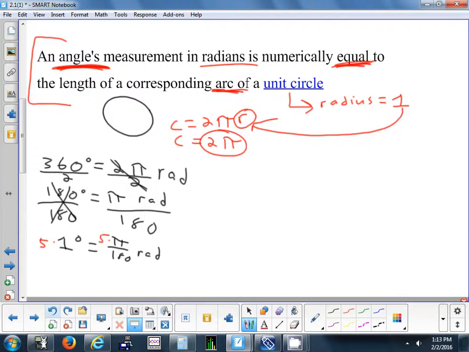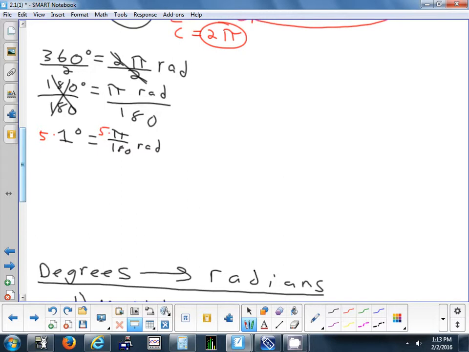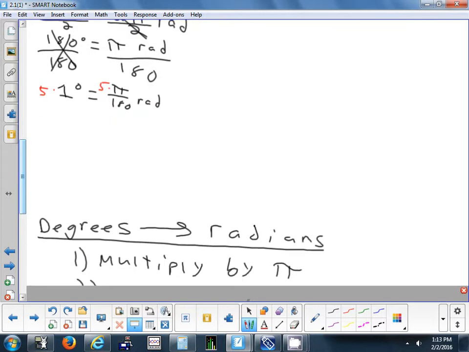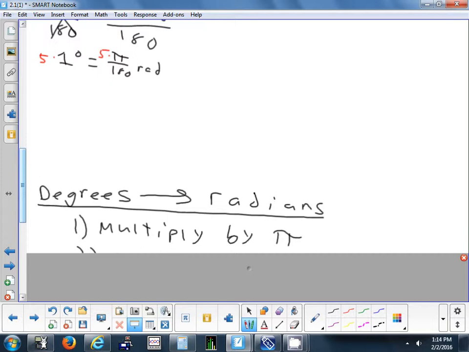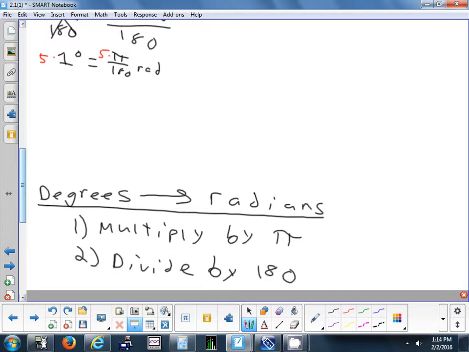So the trick here is you take your angle you want to convert. You end up multiplying your angle by pi. Okay, that's step 1. Multiply your angle by pi. Step 2, divide by 180. Okay, those are the 2 steps to change from degrees to radians. So instead of setting up a proportion every time, we're just shortening it to 2 simple steps.